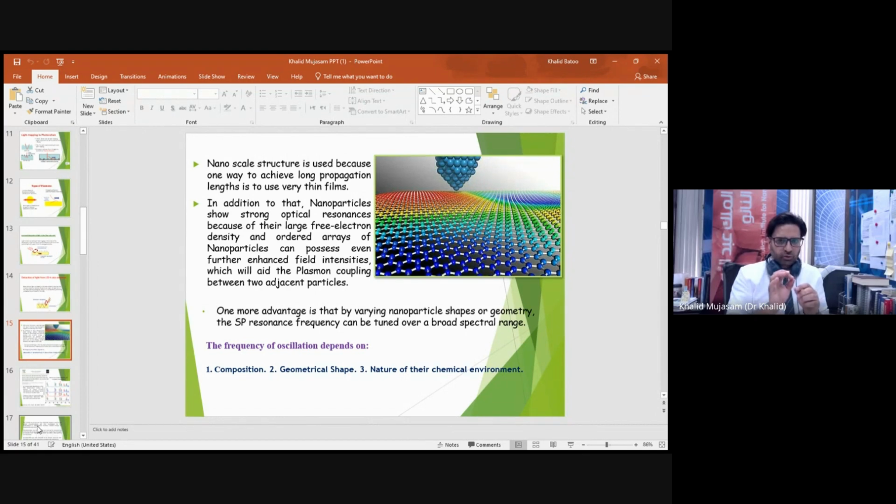In addition, nanoparticles show strong optical resonance because of their large free electron density, and ordered arrays of nanoparticles can possess even further enhancement of the field intensity, which will aid the plasmon coupling between two adjacent particles.